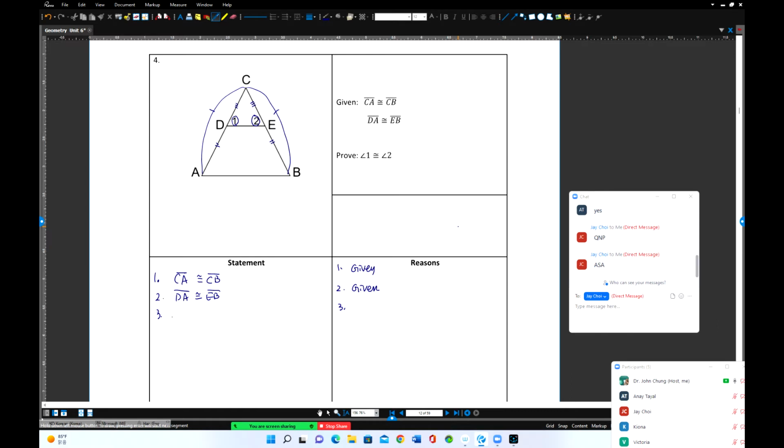CA and DA, okay? Subtraction, okay? CA minus DA, they are congruent, and CB congruent to EB, isn't it? This was subtraction.